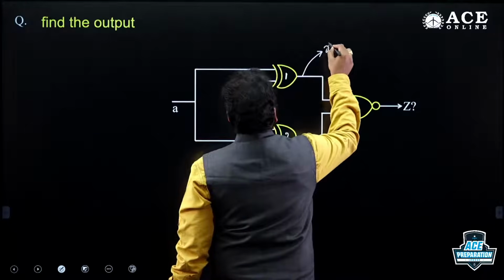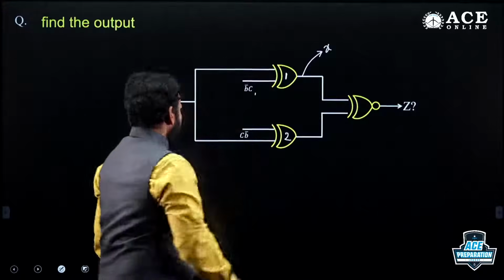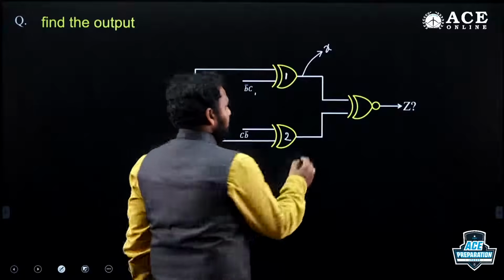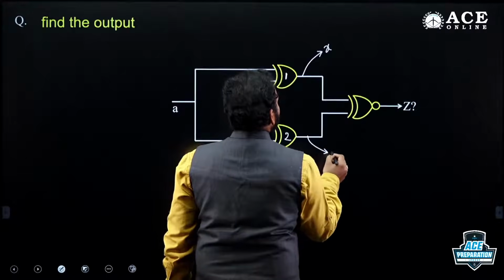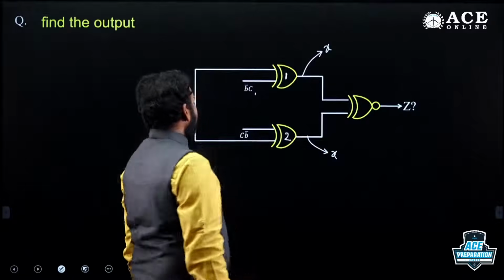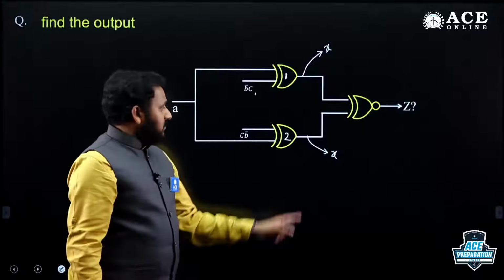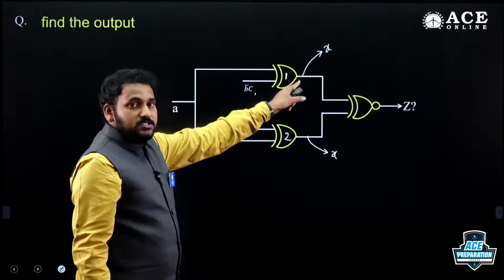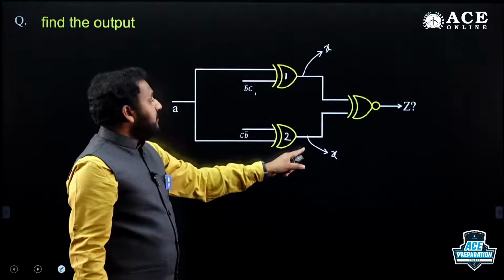You write it as x. What is x? B XOR C and A, XOR operation. Because here also you will get the same. Why should we write the function like B bar C XOR A? Simply write x. Whatever output is produced by the first XOR gate, it will be copied by the second XOR gate.